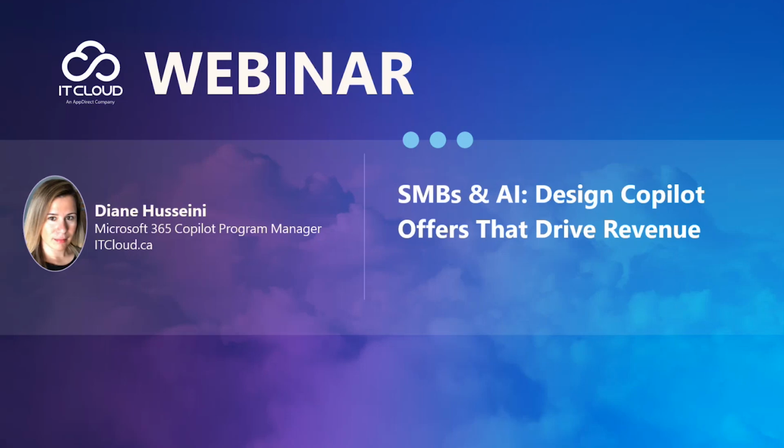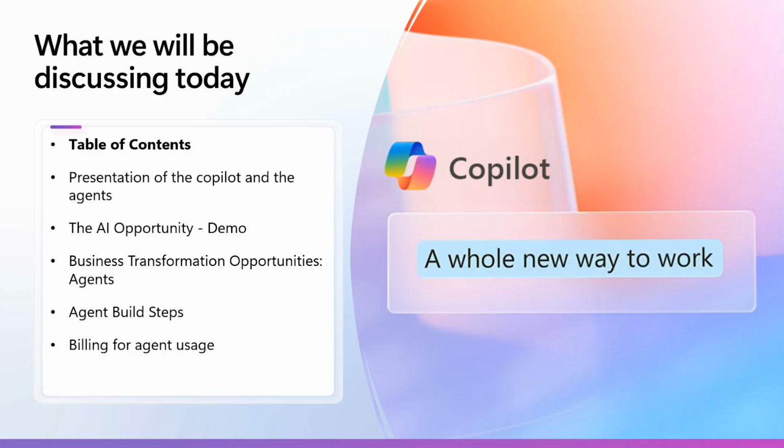And today we will talk about, as you see here, the table of contents. We'll talk especially about a presentation of Copilot 365 and the different agents. Then we will see the different opportunities, and especially I will show you this by demo. I will show you different kinds of agents and how they work and how they can increase our productivity.